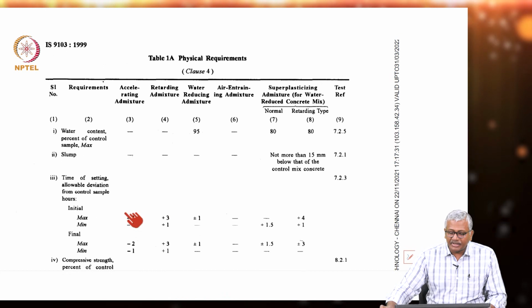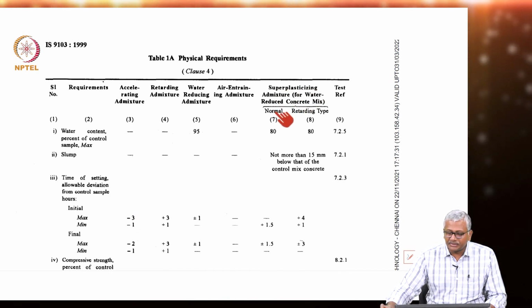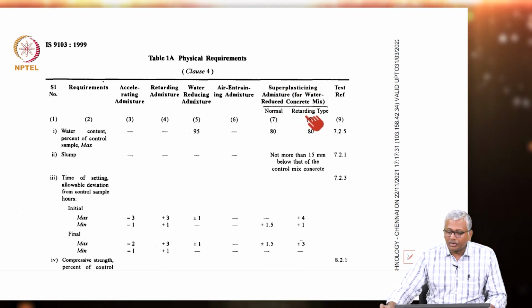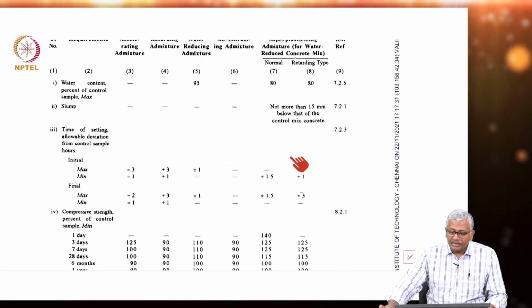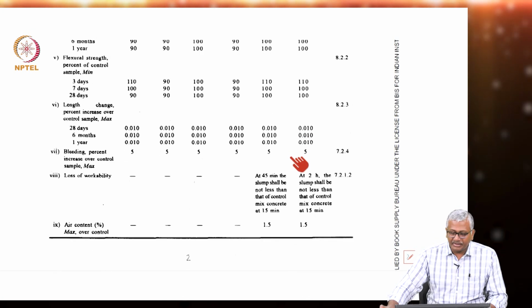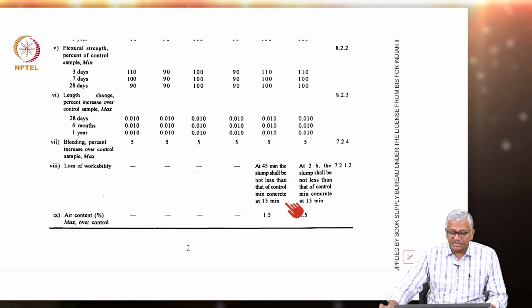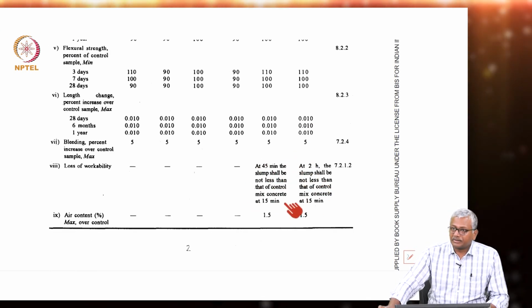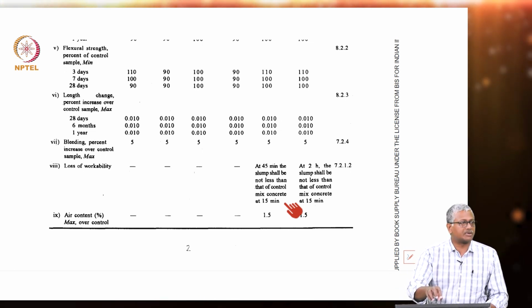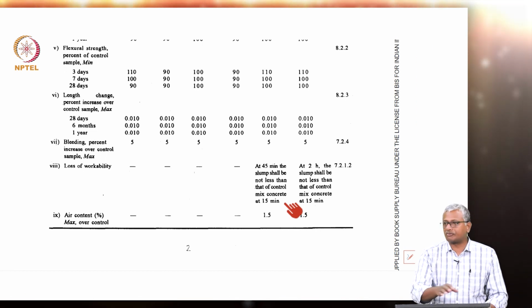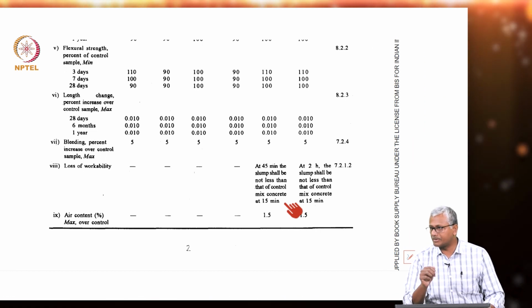In a couple of cases for the superplasticizing admixture, which is normal or retarding type corresponding to type F or type G of ASTM, here they also specify a test for loss of workability. Now, of course, the design of concrete for assessing loss of workability is not the same as design of concrete for assessing water reduction. Okay.